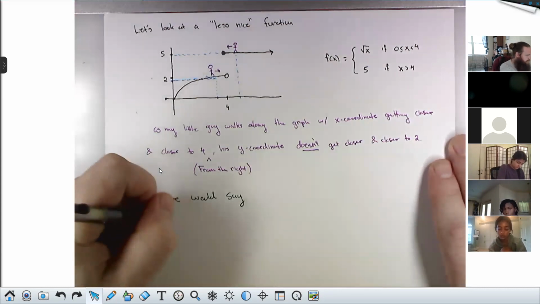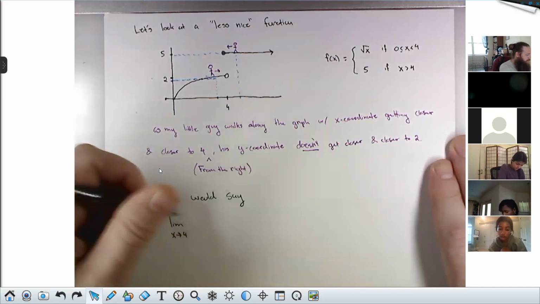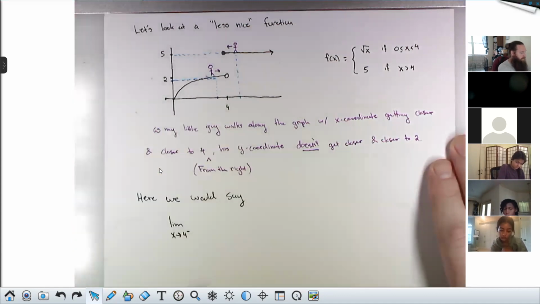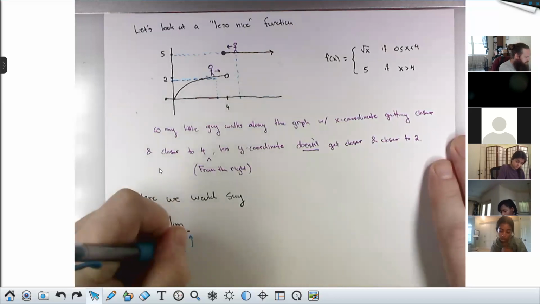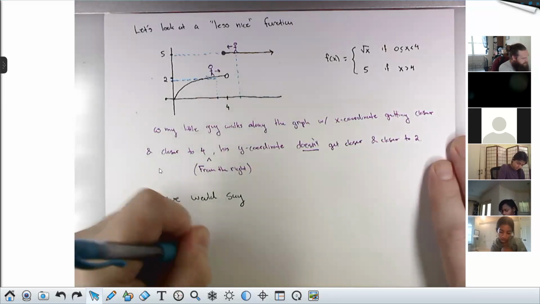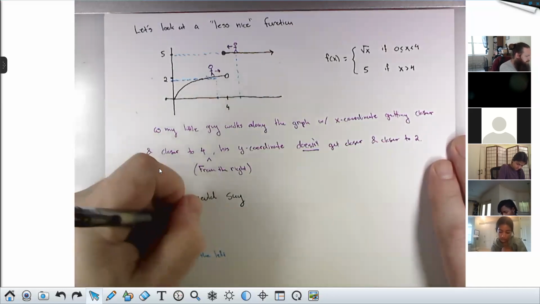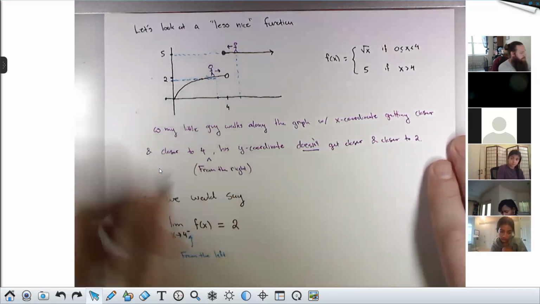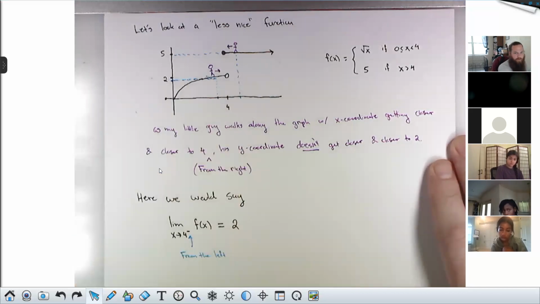First is that if you look at the limit as x approaches 4 from the left, and this little guy right here means from the left, a little minus here, of my function f of x. In this case, we do get 2, because as you sneak up on 4 from the left, your y values do sneak up on 2.